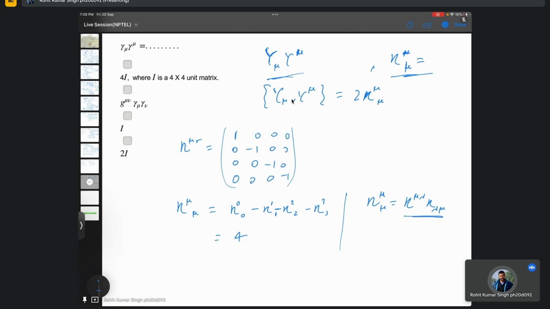So this is just the matrix multiplication of two metric tensors.